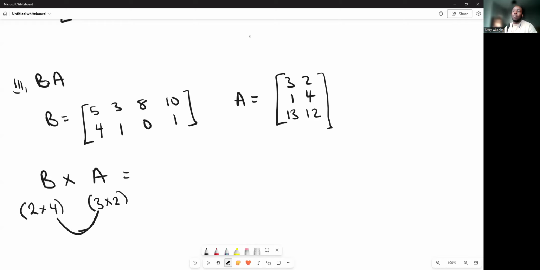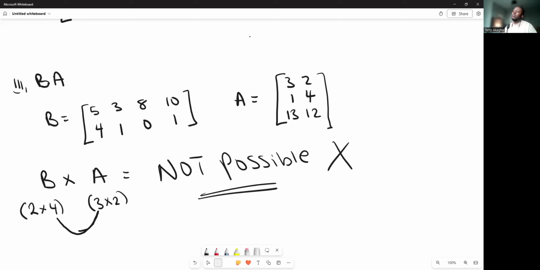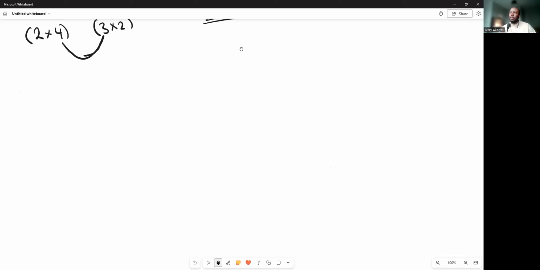So that means the column of the first is not equal to the row of the second. So therefore, this is not possible. So it's not possible to solve this, and that will bring us to the end for that. All right, so let me just pick one more example, and we'll call it a day.